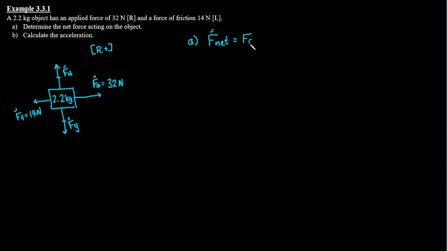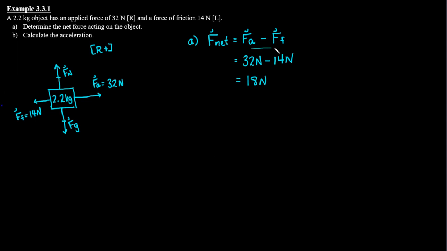So F A goes in as a positive force, and the force of friction acts left, so we're subtracting the force of friction. Okay, so F net is equal to 32 newtons, subtract 14 newtons, which gives me a total of 18 newtons.